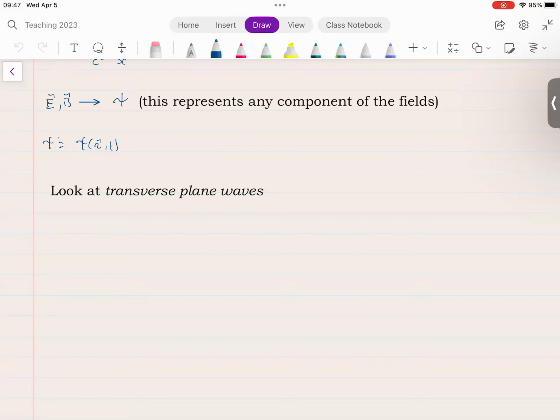Now, let me type it here. Make this bold. And that plane is our wavefront.